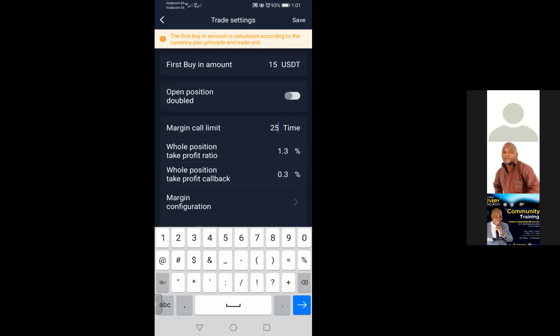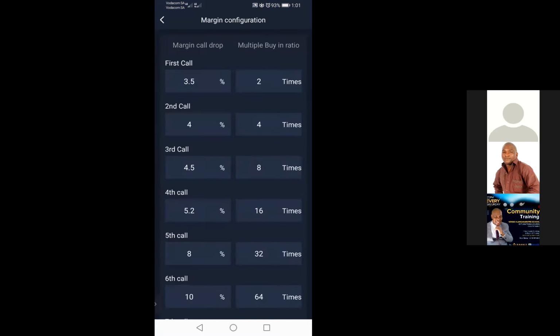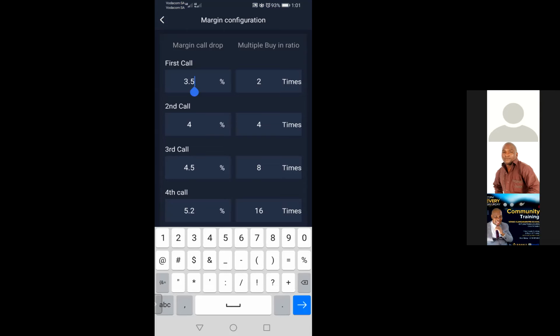And then we go to margin configuration. We're going to do some work because now this is not 16, it's 25, but it's worth it. You don't do it all the time, you only do it once and then you are done. Okay, so it's not punishment, right? You see, from call number 1 to call number 5 is 1 percent.